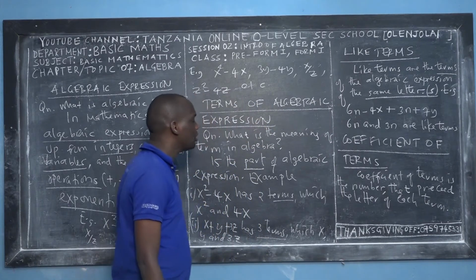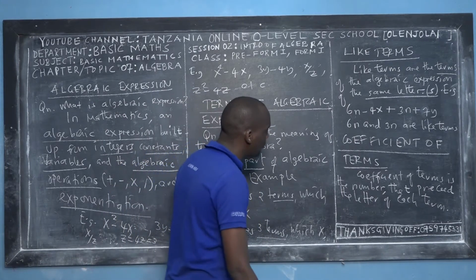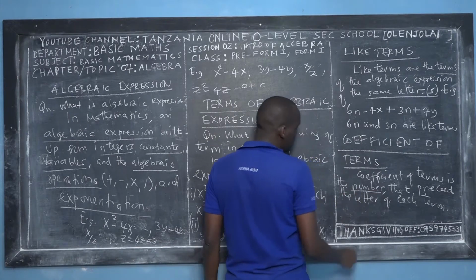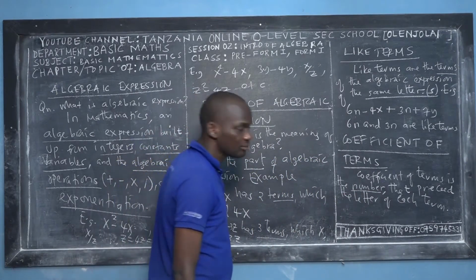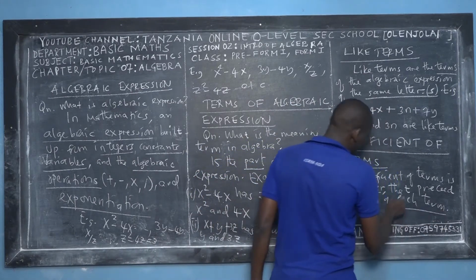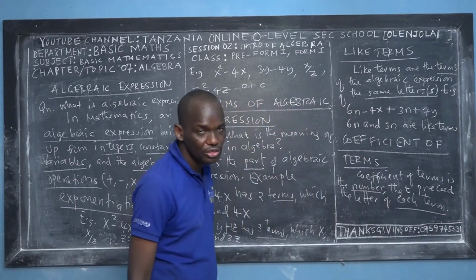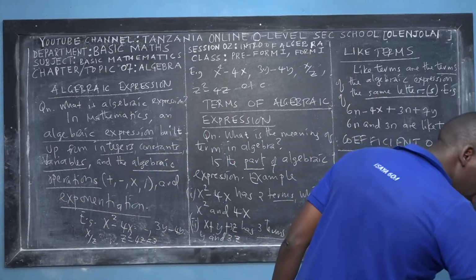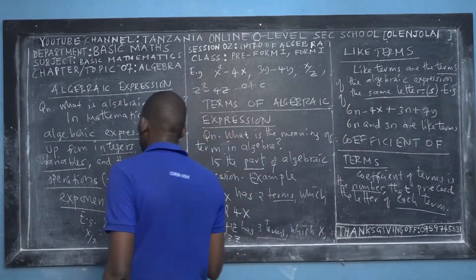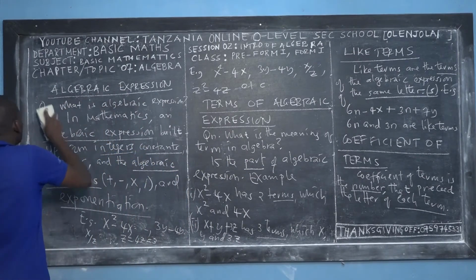So the coefficient of a term is the number that precedes the letter of each term. So each term should have something called the coefficient. We also learn the concept of coefficient when we are learning about functions.